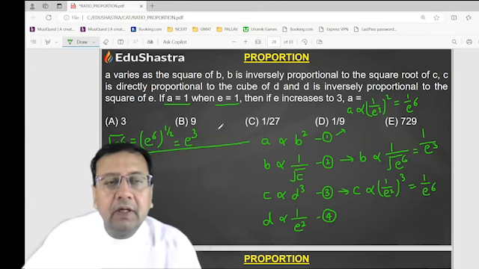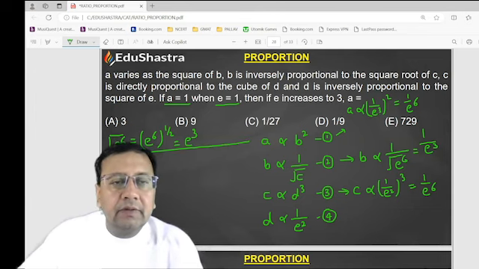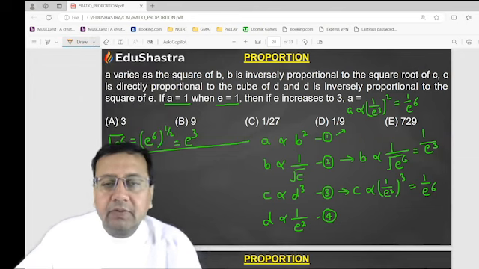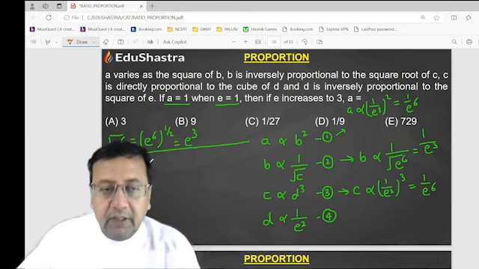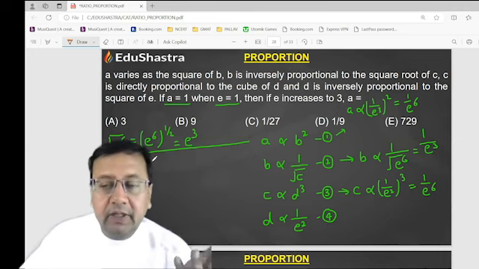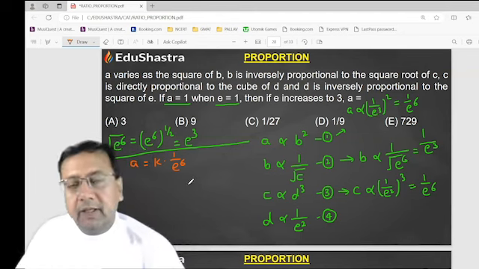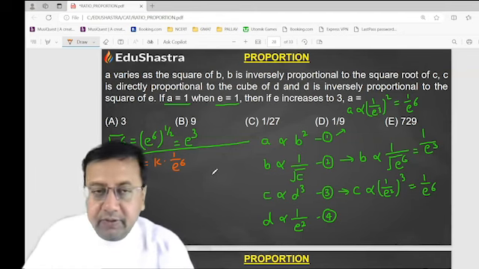Right. So finally, in this expression, I just change the color here. We are getting A is proportional, right? So as you people are saying, okay, we can calculate a constant here. So I take A is equal to K, some constant, multiplied with 1 upon e raised by 6. This is my complete expression, right?